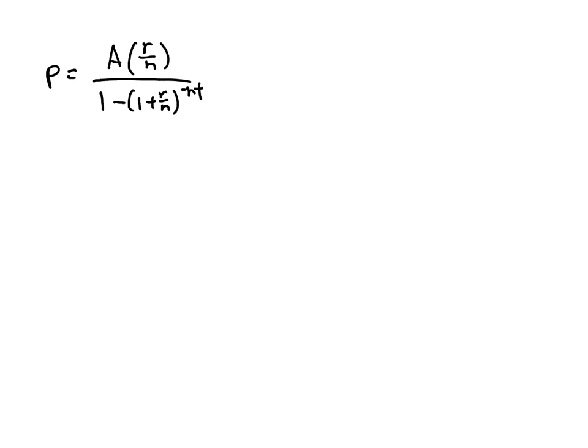So pretty much the same. R is the interest rate, in decimal, please. A is how much money is financed. P is the monthly payment.